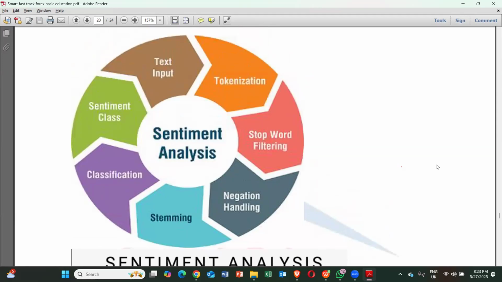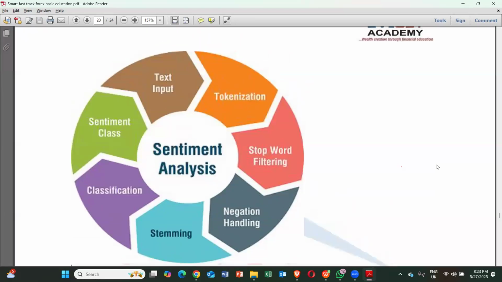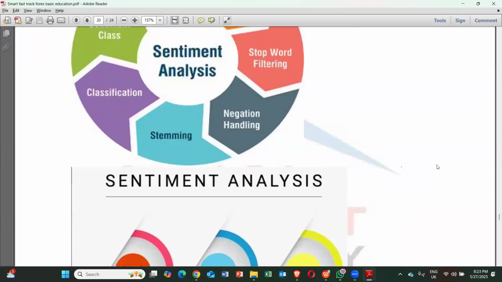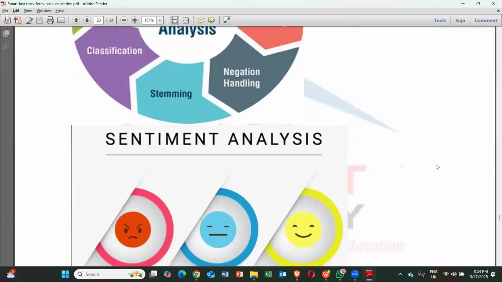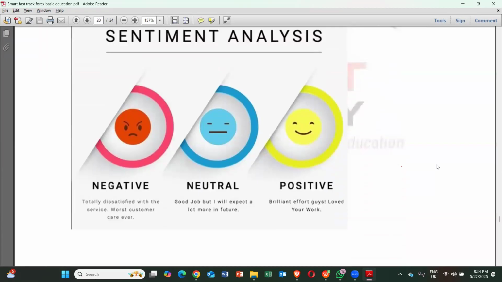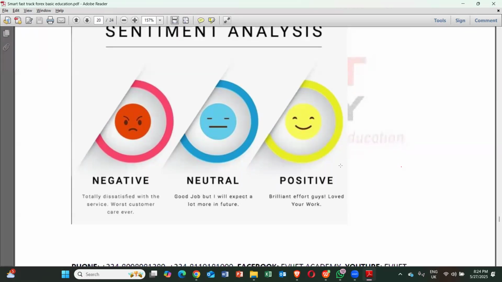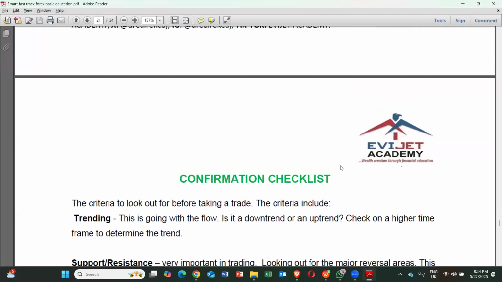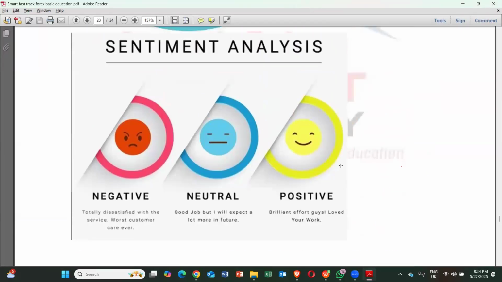There are other sites that show sentiment, which is this sentimental analysis. You say positive, neutral, and negative. There are sites that show that. Why am I forgetting? I know I didn't put it here. Let me check. It's not here.